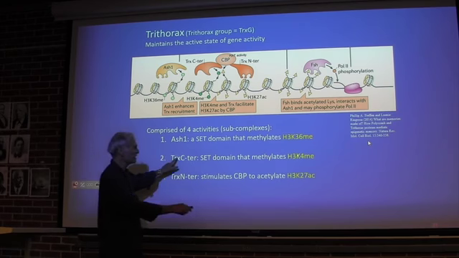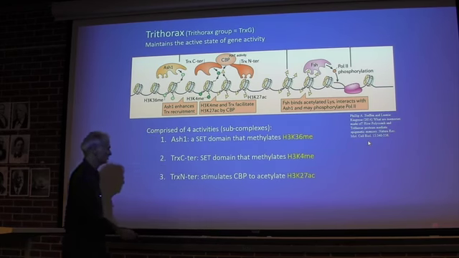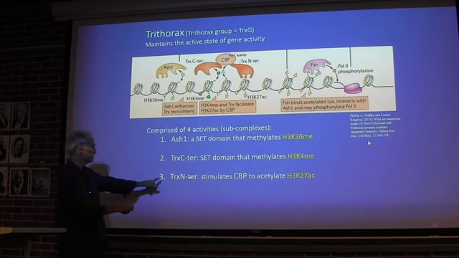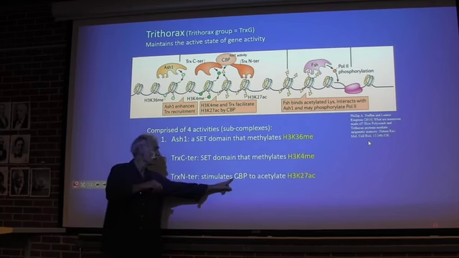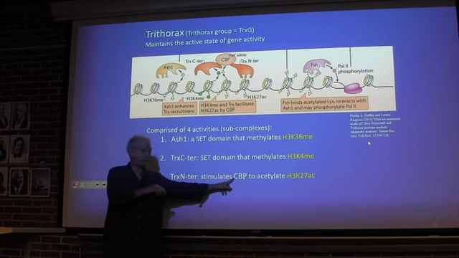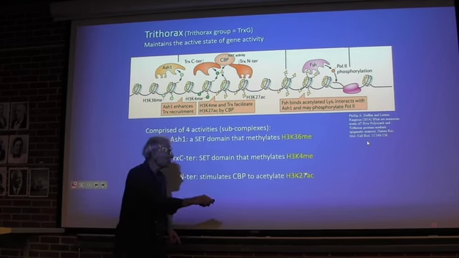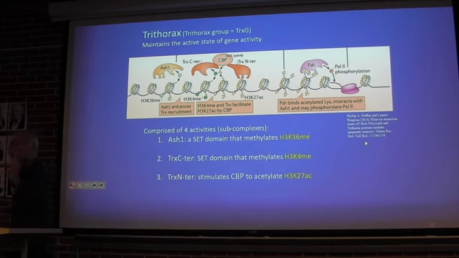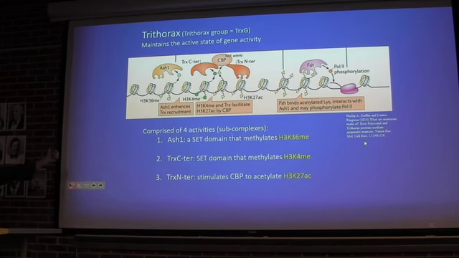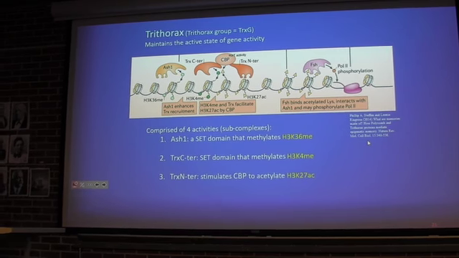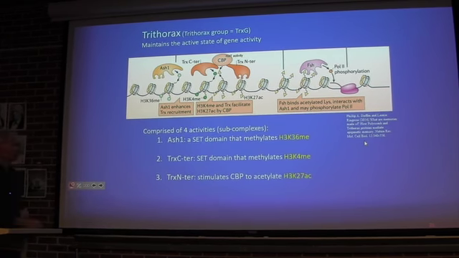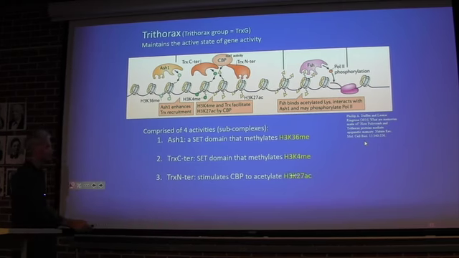The SET domain here methylates K4, and trithorax N terminus stimulates our friend CBP, mouse coactivator, to acetylate 27. Remember, polycomb methylates K27. So it's a battle to see what kind of modification should be placed on histone 3 tail, lysine position 27.